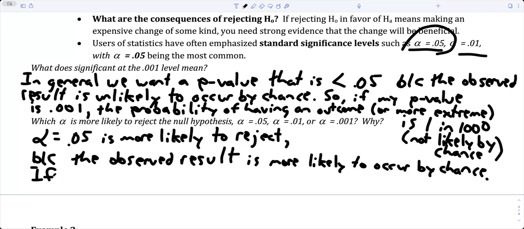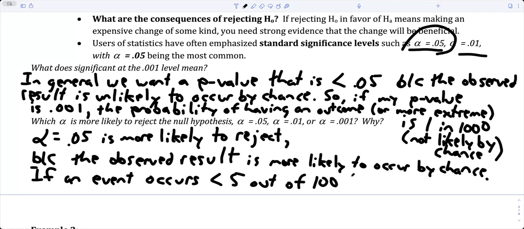Okay. If an event occurs less than 5 out of 100 times, we would reject.